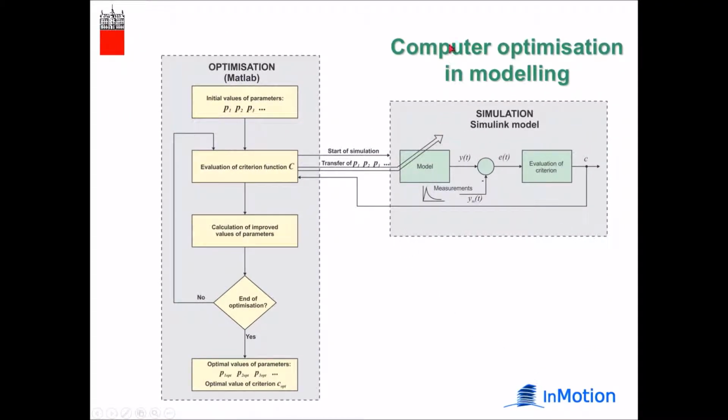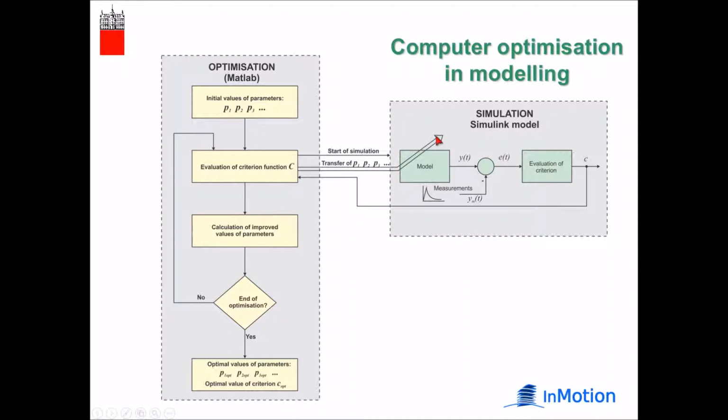So this slide shows how computer optimization in modeling is actually used in real situations. Namely, we usually use a MATLAB main program for optimization, but we also use the Simulink scheme in which we model the problem. In this case, we have the model whose parameters we want to optimize.